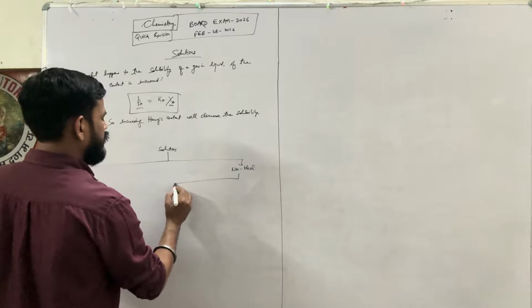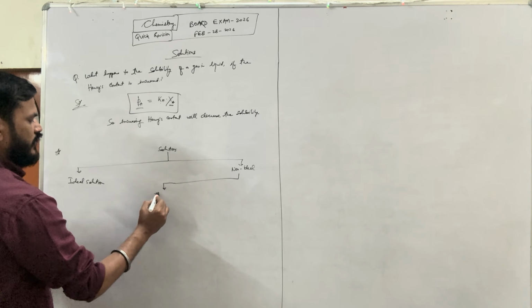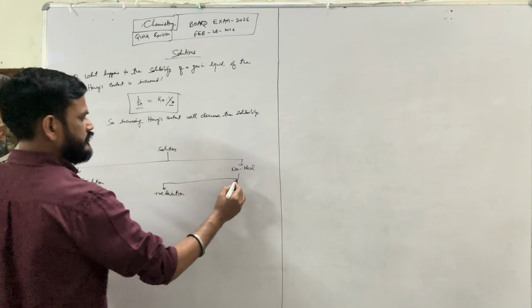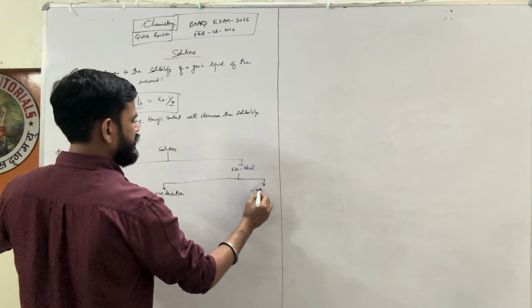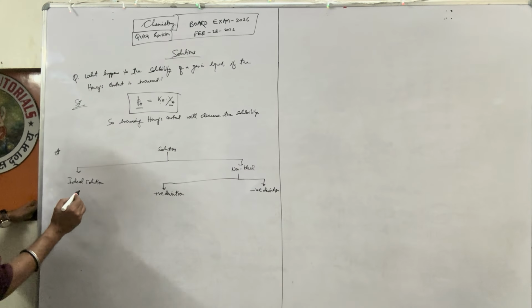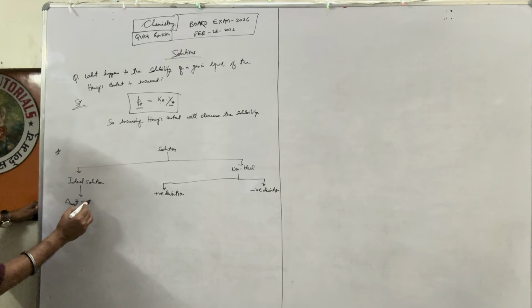In non-ideal, one can have a solution having positive deviation and here negative deviation. An ideal solution is one in which the enthalpy of mixing is 0 and the volume of mixing is also 0.